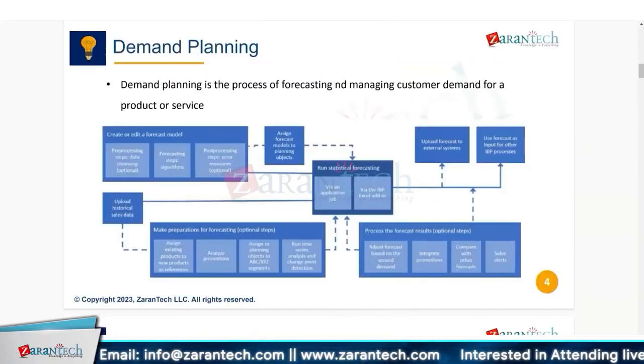Now we go back to the presentation of how the demand planning process works in SAP IBP. This is a block diagram of how it works. There are certain parallel processes that take place. Some of these activities in the demand planning process are done in the SAP web user interface, and the rest are done in the Excel user interface.